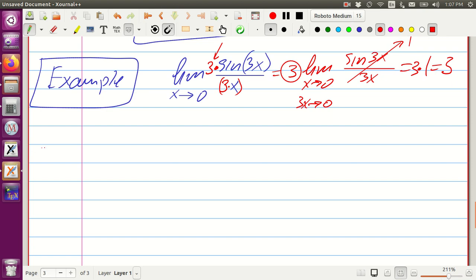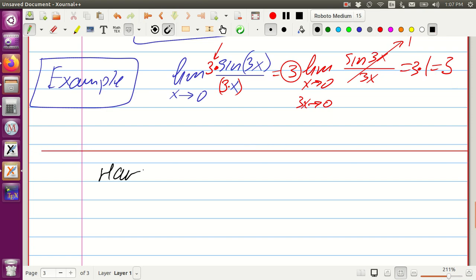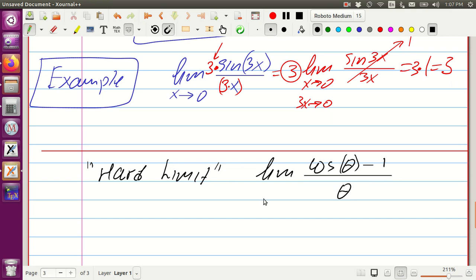Unfortunately, we need to prove another hard limit. The second hard limit is about cosine. We did one about sine, but now the hard limit for cosine. We would like to show that the limit of cosine of theta minus 1 divided by theta when theta goes to 0 is 0.